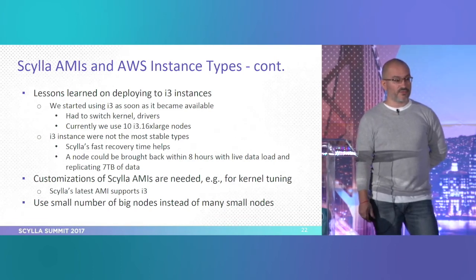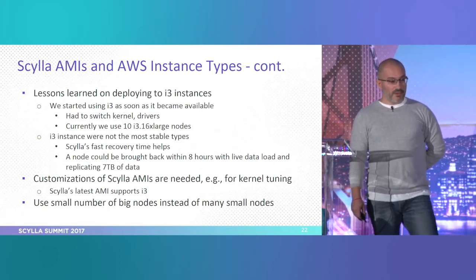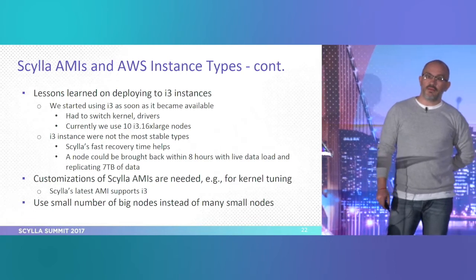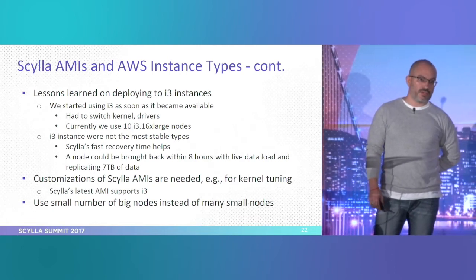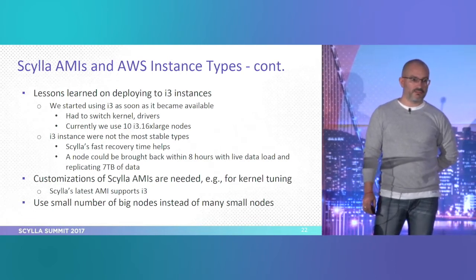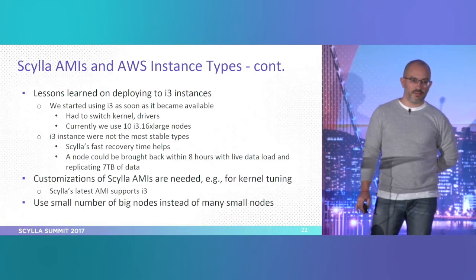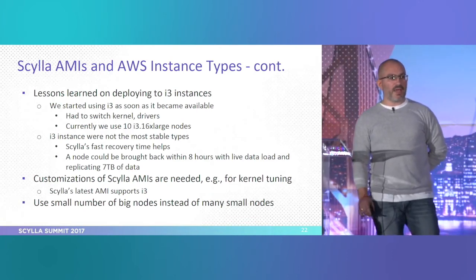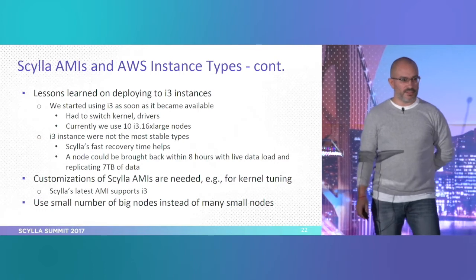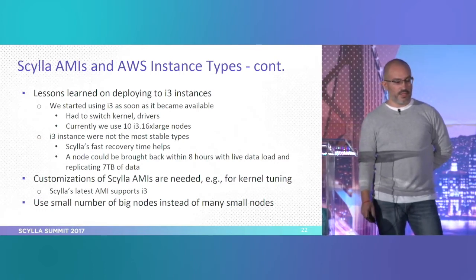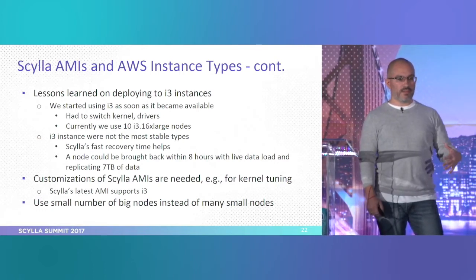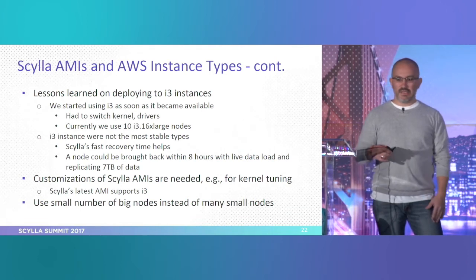It's not called a bleeding edge for no reason. As soon as we started migrating nodes, we started noticing issues. There were obviously the kernel wasn't able to support the I3s at the time. It was just too new of a hardware. So we had issues like the instances would drop off the network.